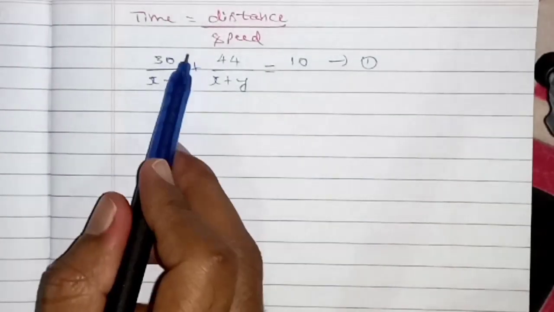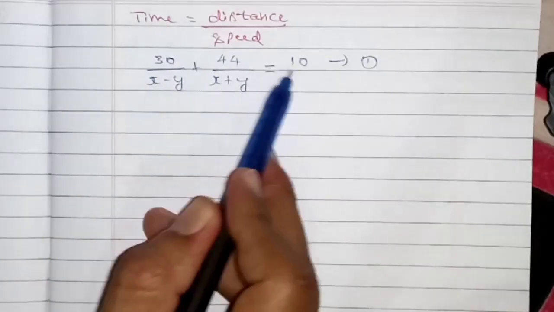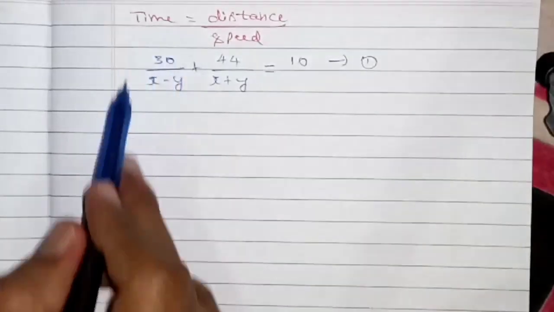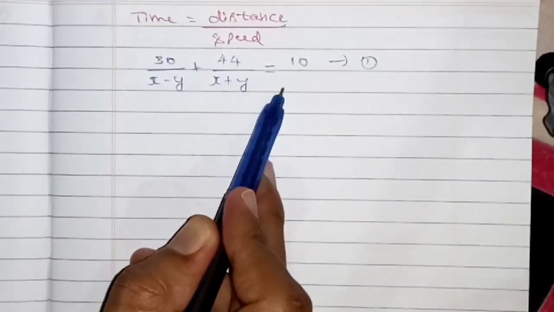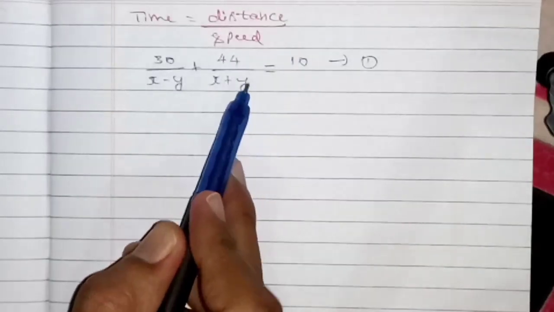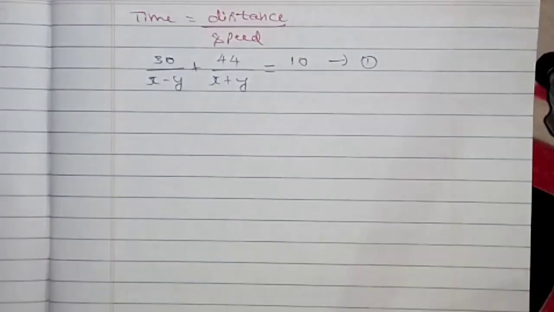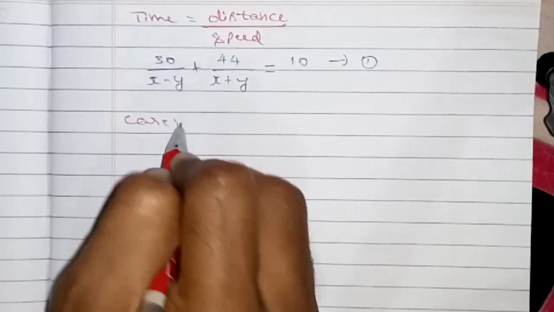Again, distance by speed is equal to time. Here I'm taking this for the upstream and this for the downstream, and this is the first condition. Now I'll take another case, case number 2.